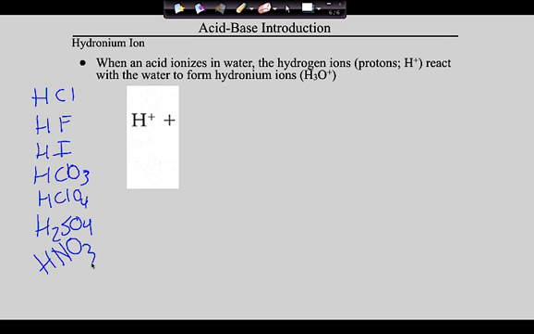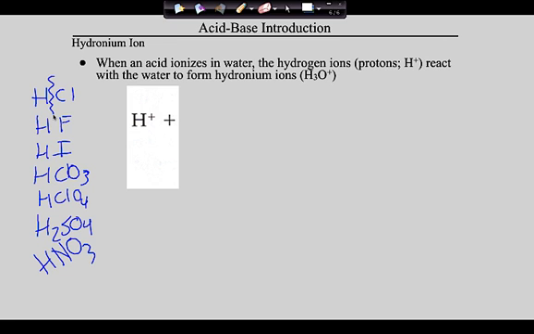So what do we have to do to these gases to get them to function as acids? Put them in water. And when we put them in water, they dissolve into the water. And when they dissolve into the water, they break. They're strong electrolytes. The hydrogen ions come off. The chloride ions come off. Chloride's a spectator. Where do the hydrogen ions go? They are not free floating in the water. They actually attack water molecules.